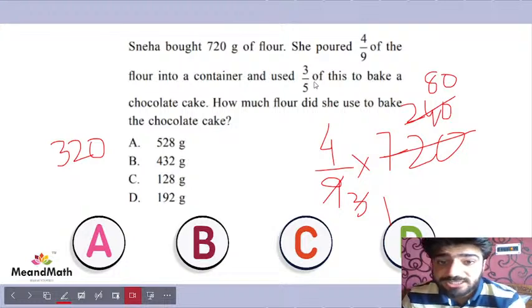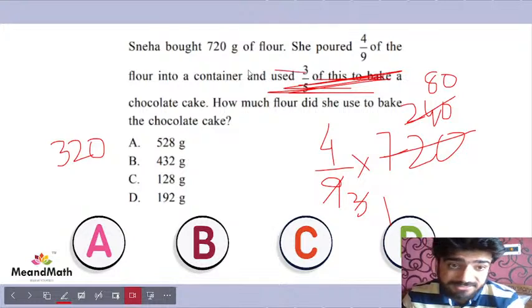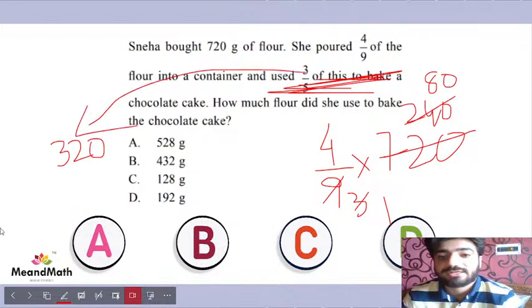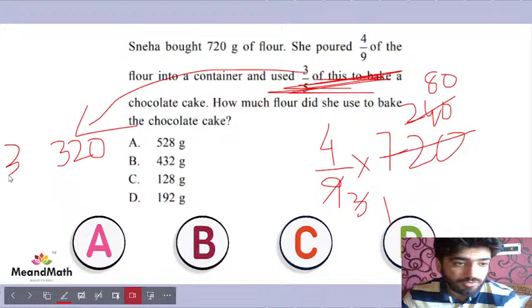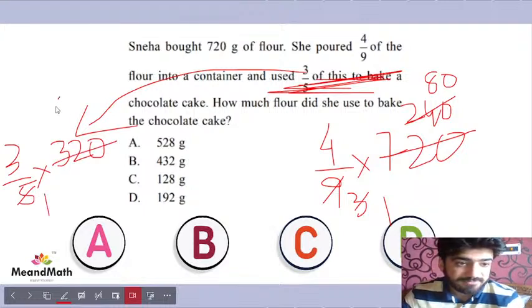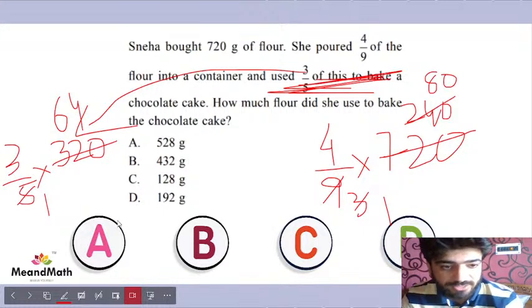And now she has used 3 by 5 of this, 3 by 5 of 320. So 3 by 5 into 320 is 5 ones, 5 sixes, and 4s. So 64 into 3 is 192, and 192 should be the correct answer.